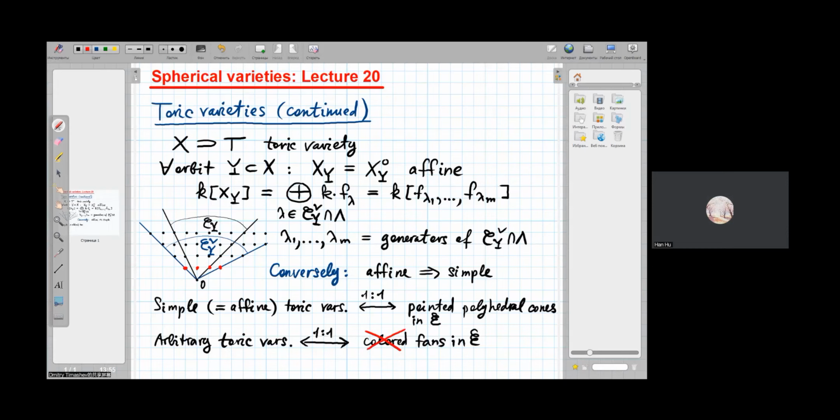And what is a fan in the vector space E? It is just a finite collection. So let me explain what is a fan.